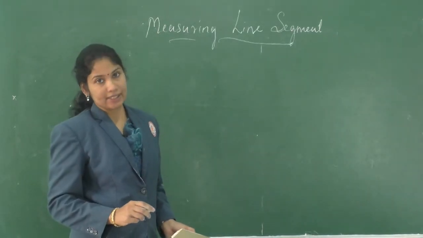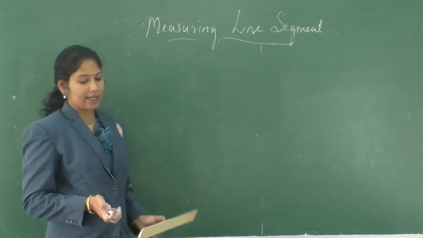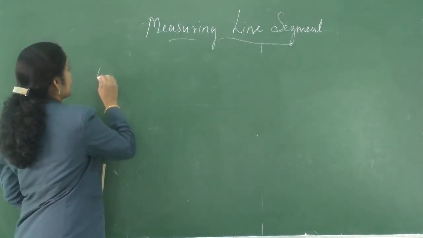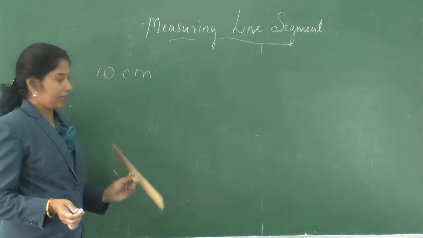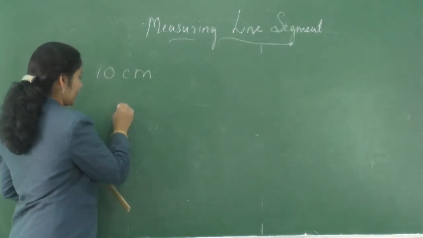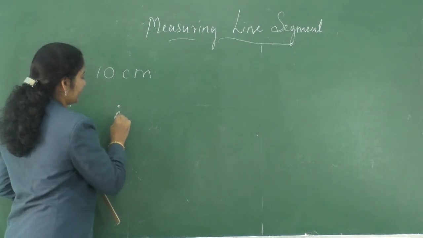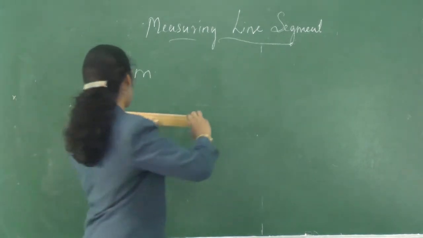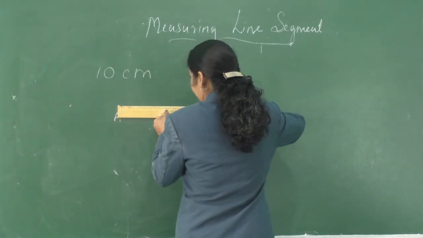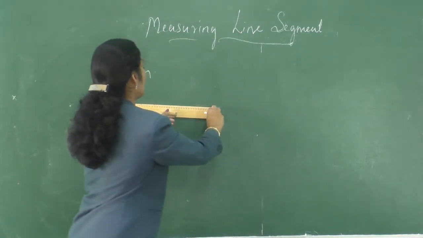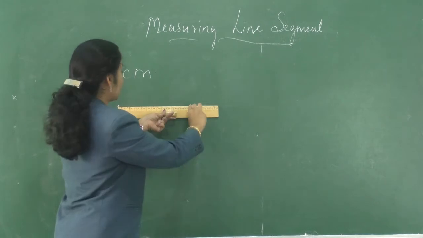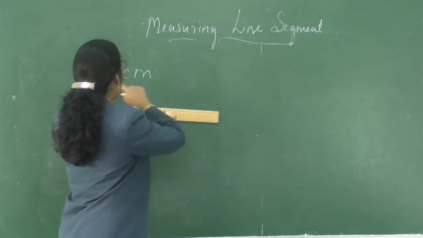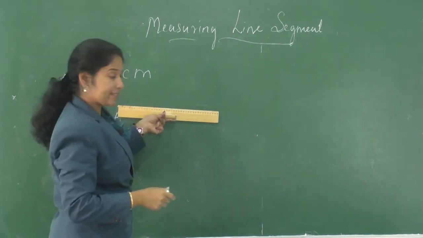Children, let's take another example: how to draw a line segment of 10 centimeters. First put a dot and mark it as A, and keep the ruler at A. We have to take the measurement 10 centimeters.